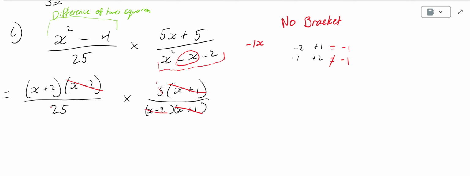Well, that's quite simple. 25 goes into 5 times. So with our new information, or what's remaining, we have x + 2 and 1, but we don't need to write the 1, over 5 by itself. So removing the brackets, tidy it up, (x + 2) over 5. Hit pause, copy it down.